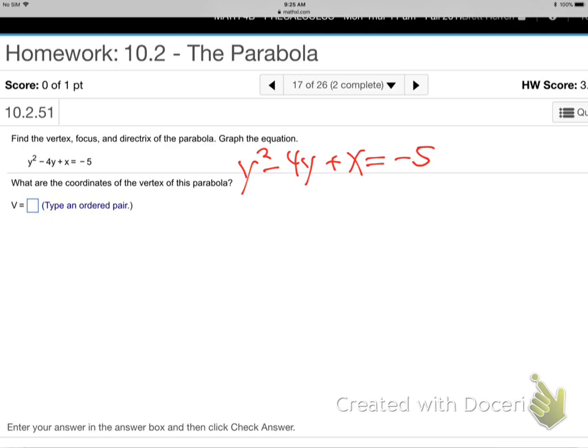If you noticed in all the equations, we separate the x's and the y's. They're on different sides for the parabola. That'll be different in the next section, 10.3. We're going to keep them all on the same side and put a 1 on the right side. But for now, for the parabola, we separate the x and the y. So just yank this guy over here. Get him out of the way, right? We separate x stuff and y stuff on different sides. It's just the look we give it, which helps us graph. It's all just for our convenience.